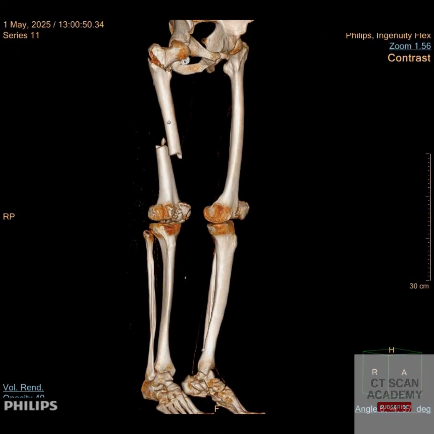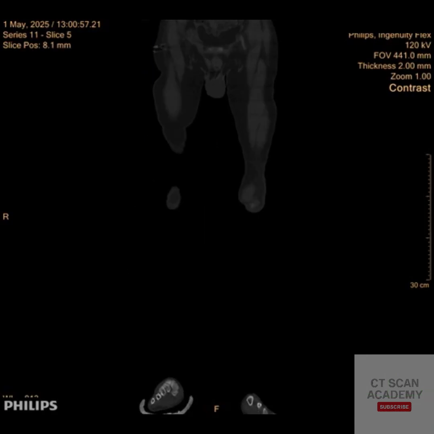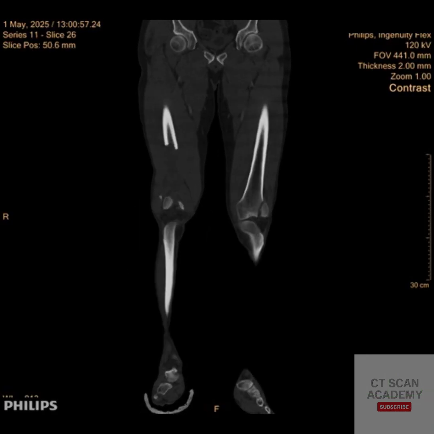This is a high-energy, multi-site fracture affecting several regions of the body simultaneously.